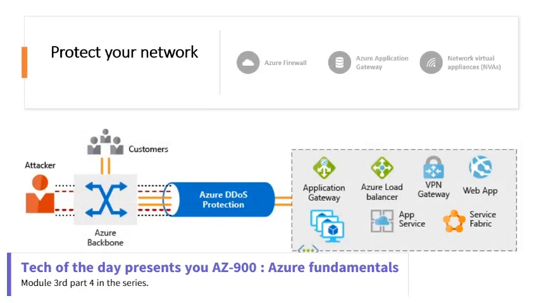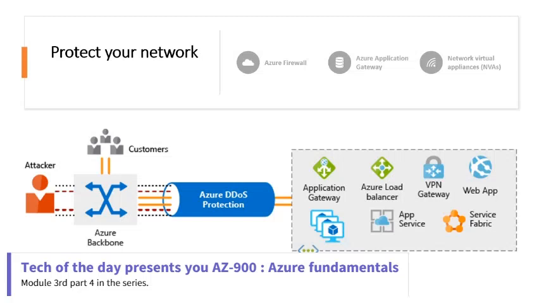To protect your network, you have many things. You can use Azure Firewall. You have Azure Application Gateway. You have network virtual appliances. Azure Firewall is a managed cloud-based network security service that protects your Azure virtual network resources.